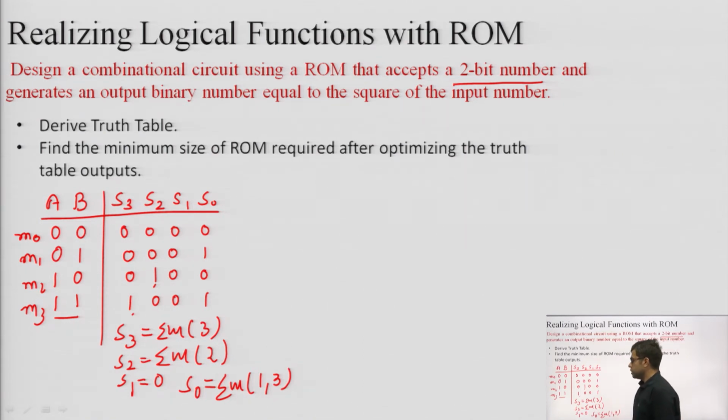Now, I have seen that there are 2 inputs A and B and 4 outputs S3, S2, S1, S0. So, the programmable ROM structure will be something like this.